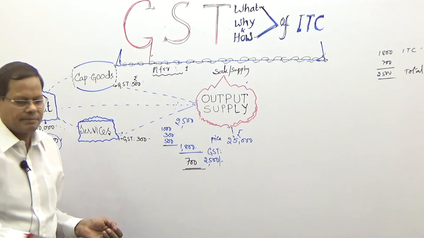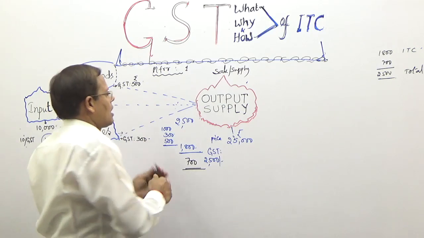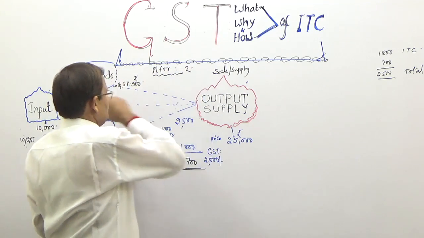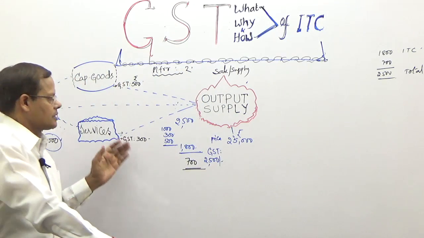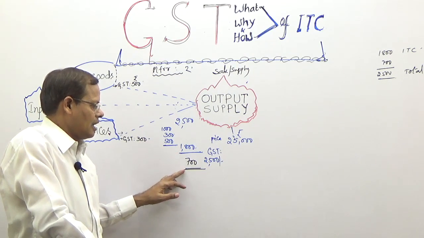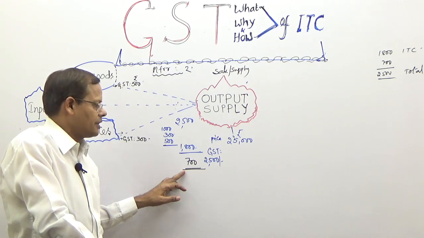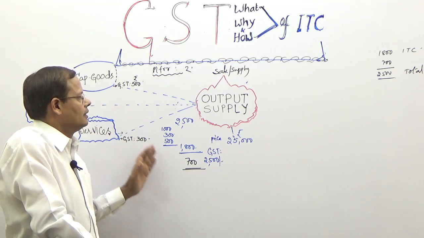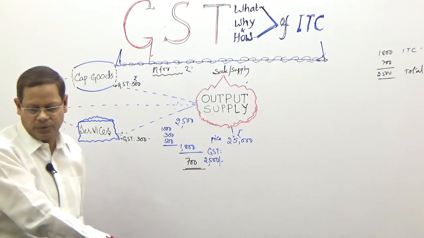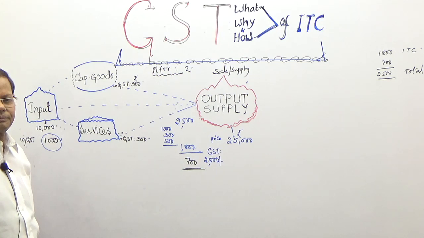Ultimately he also sells. So for a manufacturer also it works in the same way. So 1800 is the tax at input level and 700 is the tax payable on value addition. That is how it works for a manufacturer under GST.